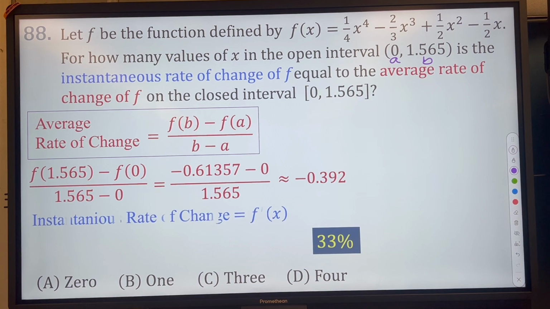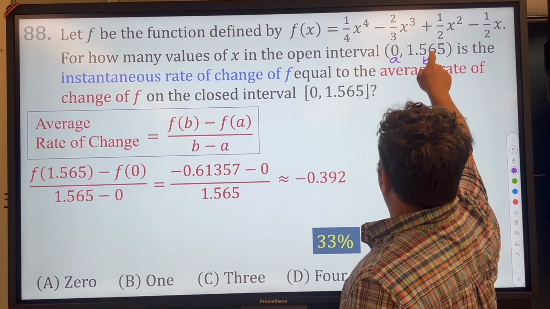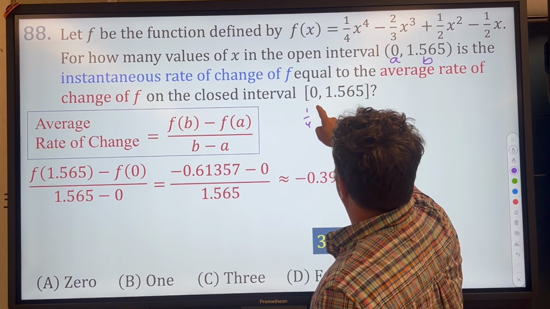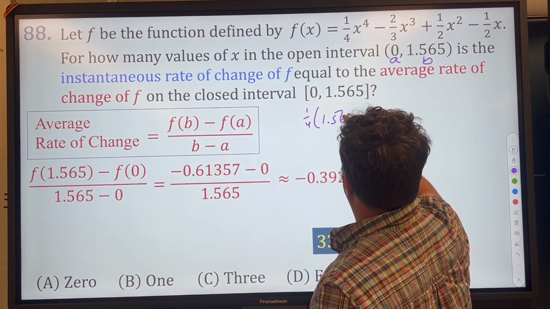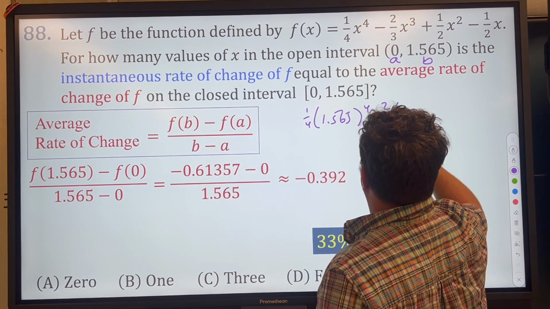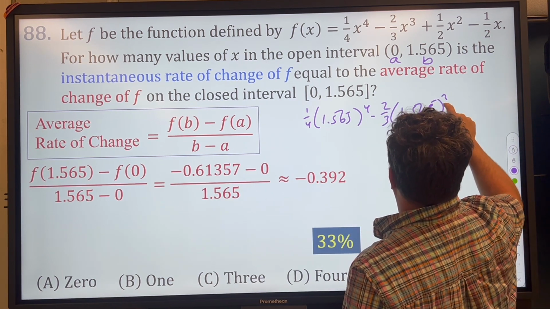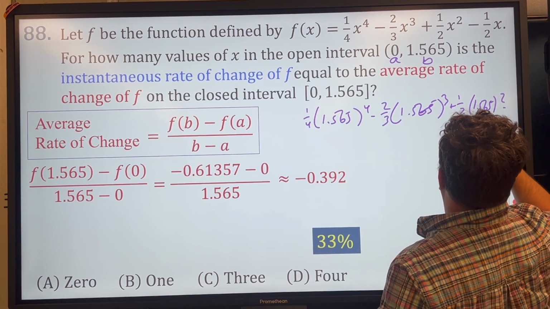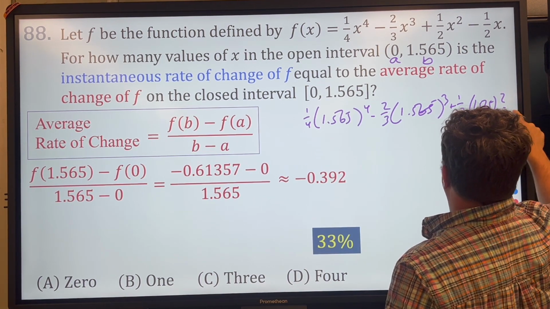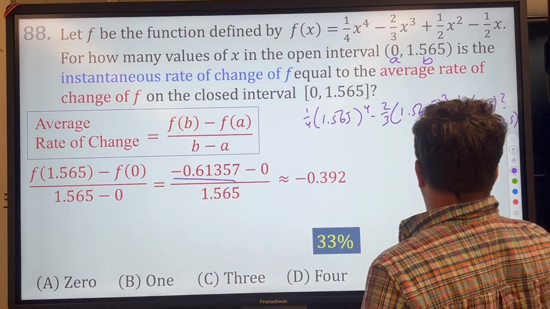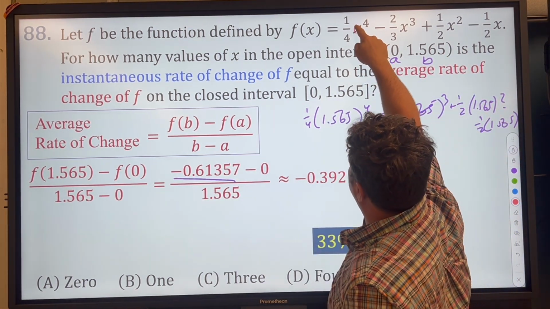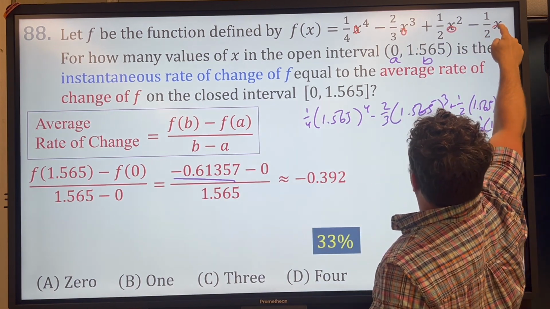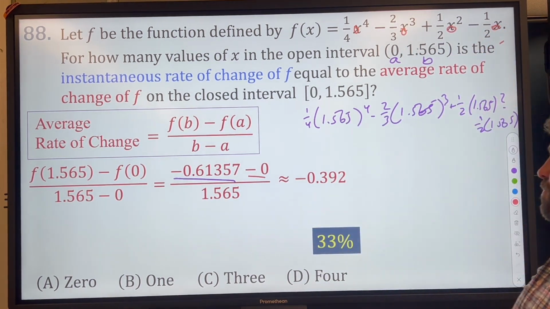To find f of the other, I would just do 1/4 of 1.565 to the fourth minus 2/3 of 1.565 to the third plus 1/2 of 1.565 squared minus 1/2 of 1.565, and that gives me this. With the 0, I would just plug the 0 in: 0, 0, 0, 0. That's where I get the minus 0 from. All calculator work, you type it in. All right? I'm going to erase that.